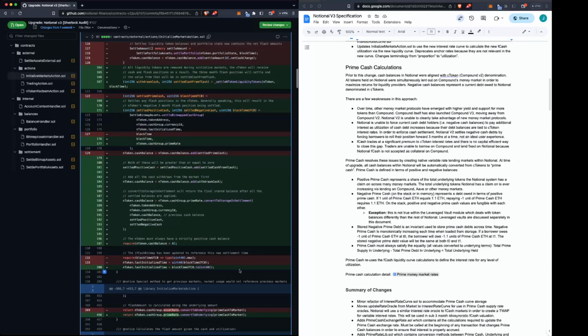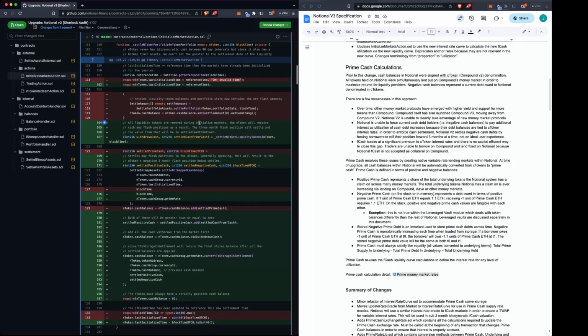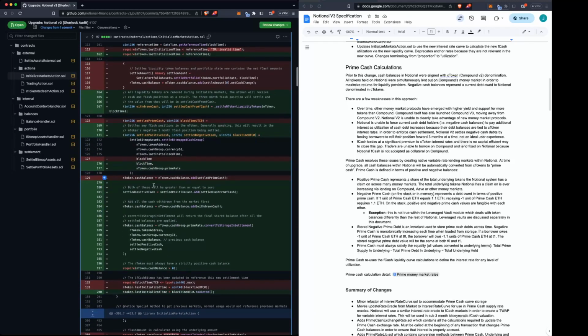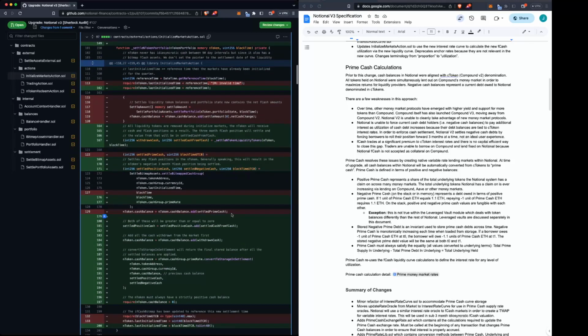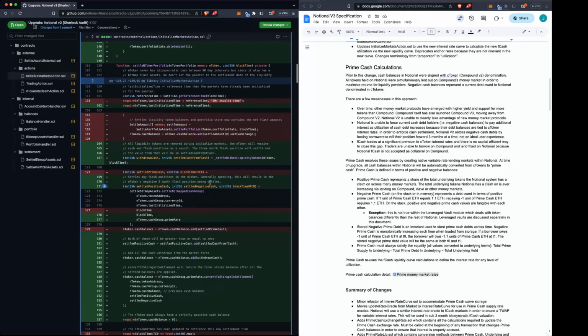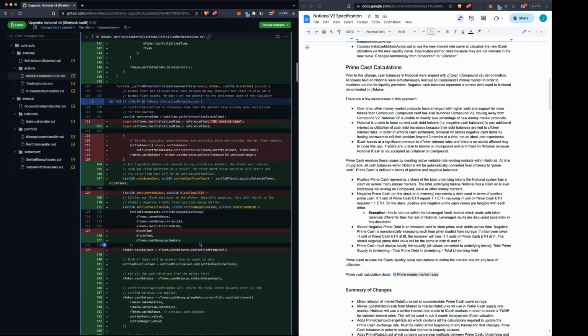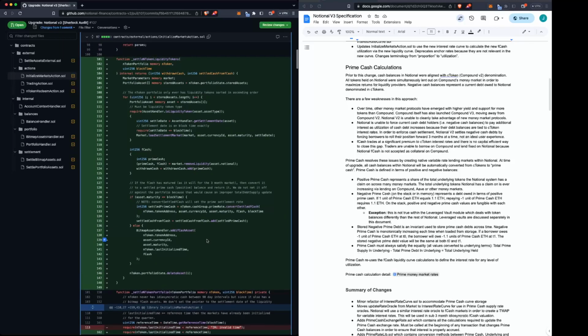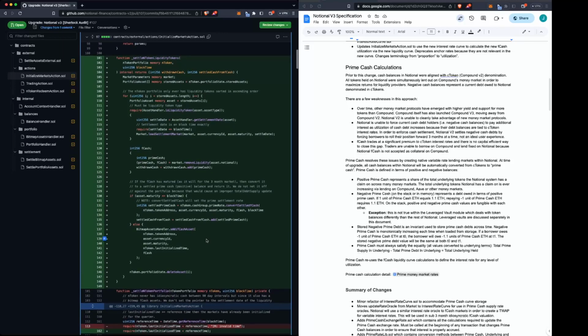And some additional changes to the settle end token portfolio here. So what happens now when the end tokens settle is it all happens inside initialized markets. You'll see this function and you can follow it and see what happens when the end token settles its portfolio. So again, I think these are welcome changes from Notional V2. They greatly simplify the logic around settlements, in my opinion.